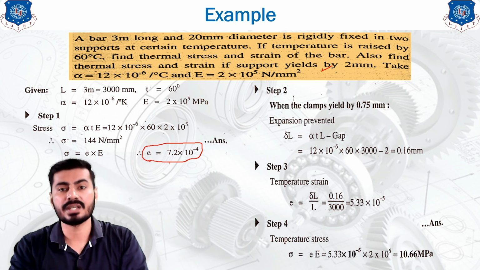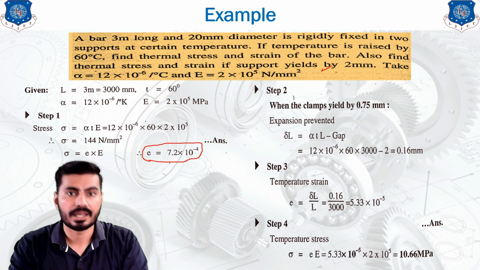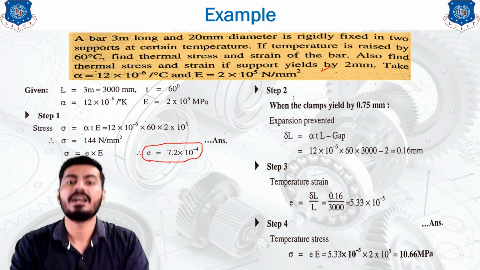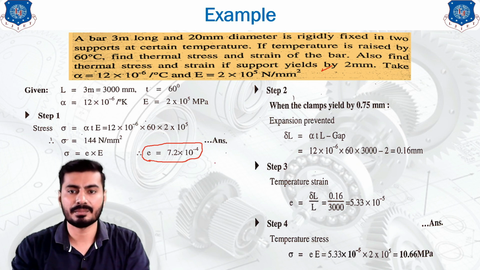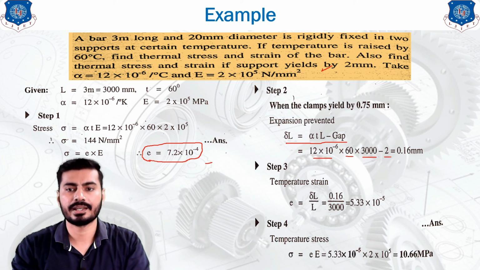Free expansion can be calculated as alpha L into T. If you subtract the gap from that free expansion, you get the expansion prevented, delta L. So delta L is alpha into T into L minus gap. If you put in the alpha, T and L values, and the gap of 2 mm, you will find the final answer of delta L as 0.16 mm.